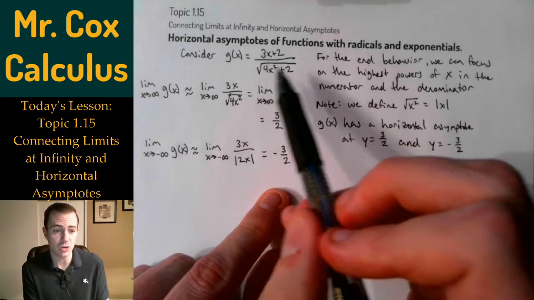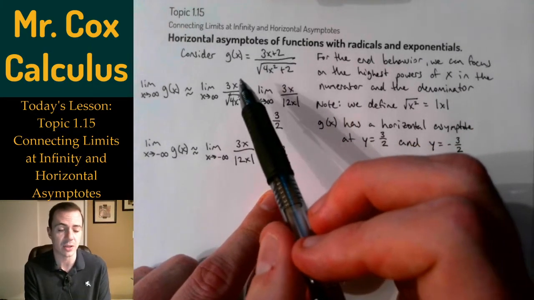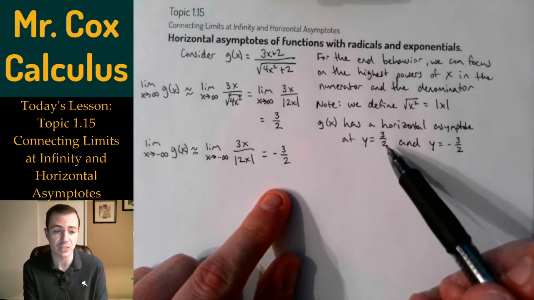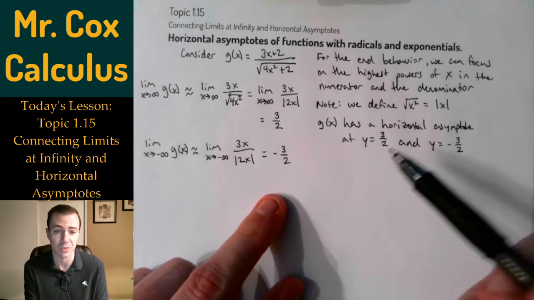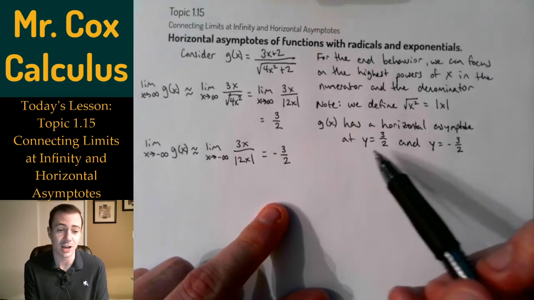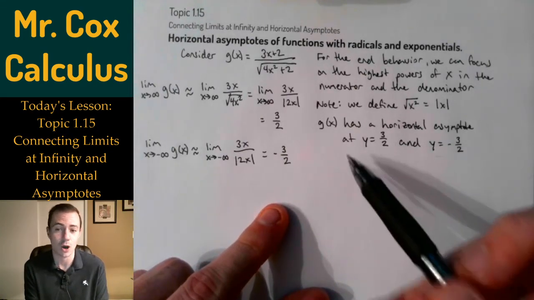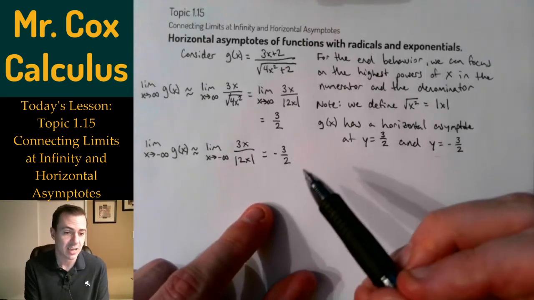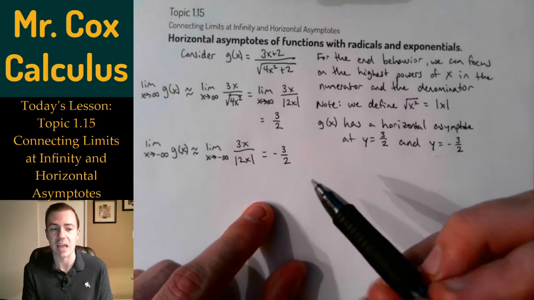And I would encourage you to graph this function either in your calculator or looking at Desmos, and you'll actually see both of these horizontal asymptotes come true. The other thing that this function does is it actually crosses over these horizontal lines before coming back to them as we start going towards infinity and negative infinity.